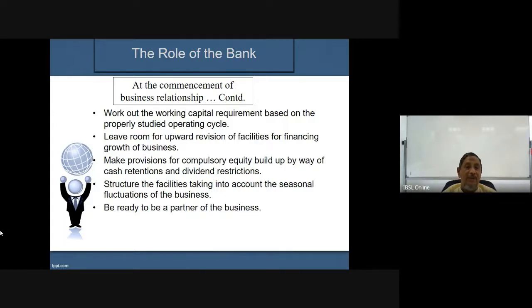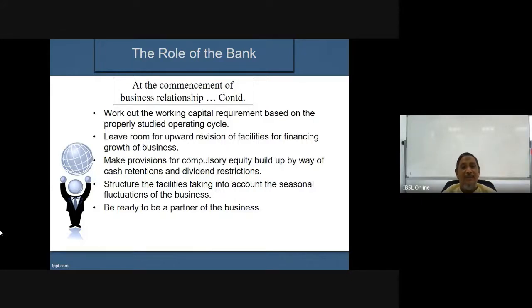But don't release the funds. Whenever a customer requires it in the future, you can release those funds. Then you are avoiding the time of processing that facility again for the customer, putting board papers, papers for approval again. No need. Only once you have to put it.